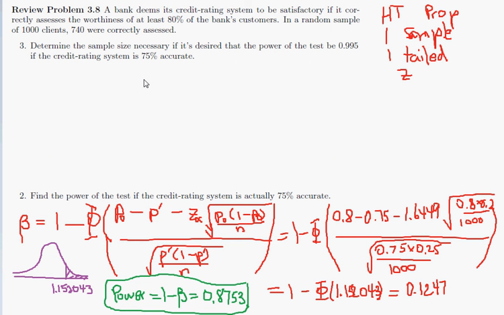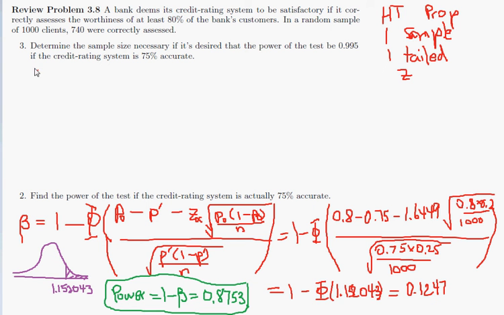In the third part of this question, we are supposed to find how many tests are necessary if we want the power to be not 87.5%, but to be 99.5%. So for this, we will use the formula for projecting a sample size.